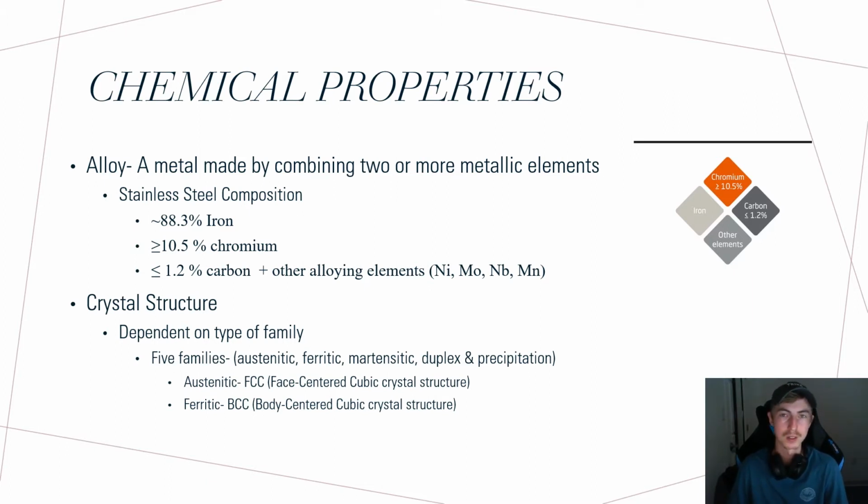The austenitic family has an FCC crystal structure, and that family is about 2/3 of the families. The ferritic is a body-centered cubic crystal structure, and it's roughly the rest of the third. It's about 30%. And these 2 are important, as knowing the crystal structure helps you determine the physical properties of the material and allows the differences in families to actually occur.